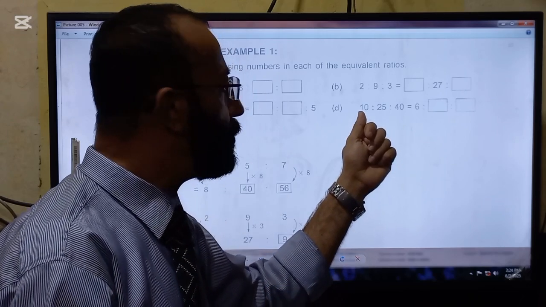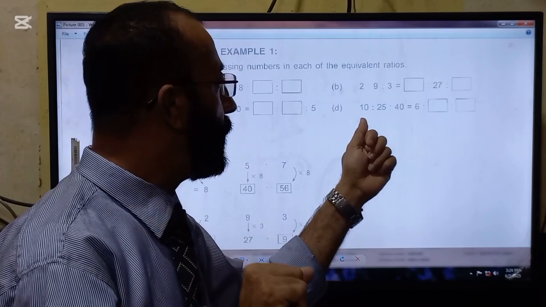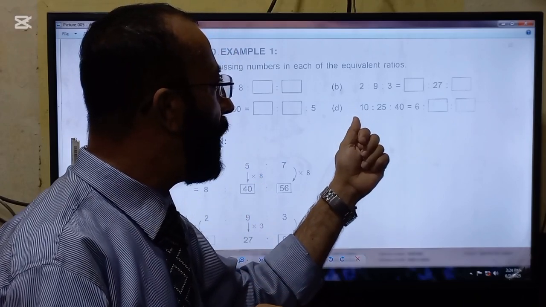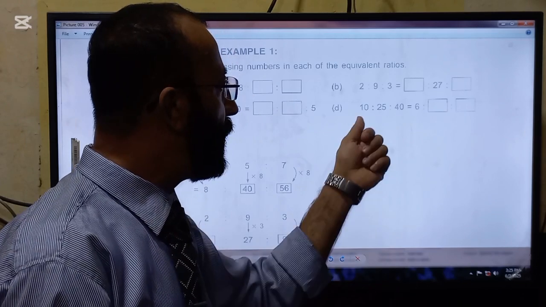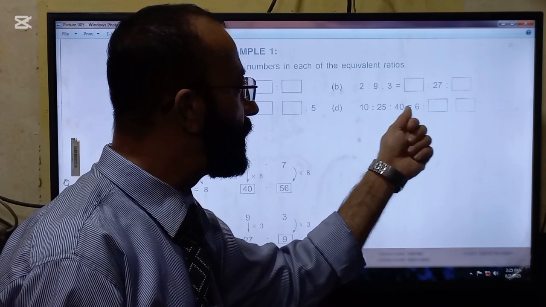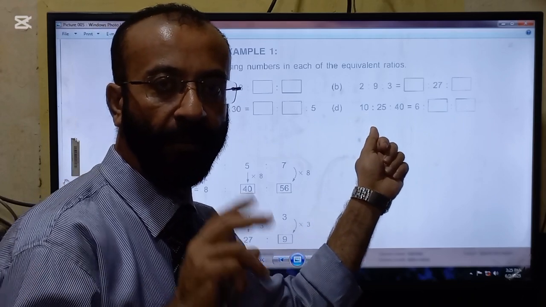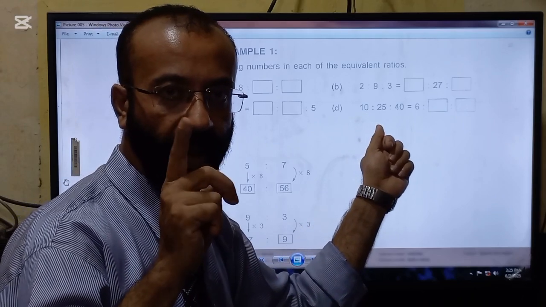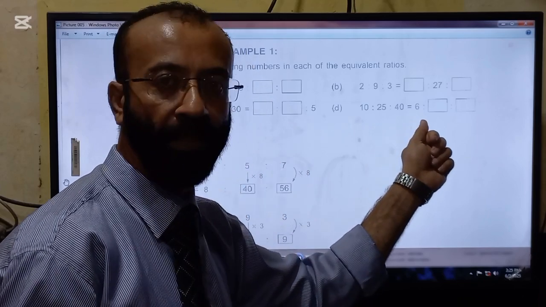So 5 2s are 10 and then we will multiply it by 3. So it means 3 by 5 is the fraction with which it will be multiplied to get 6. Look now, again, 10 divided by 5, answer will be 2. Then multiply by 3. So 2 3s are 6. So this is the pattern.